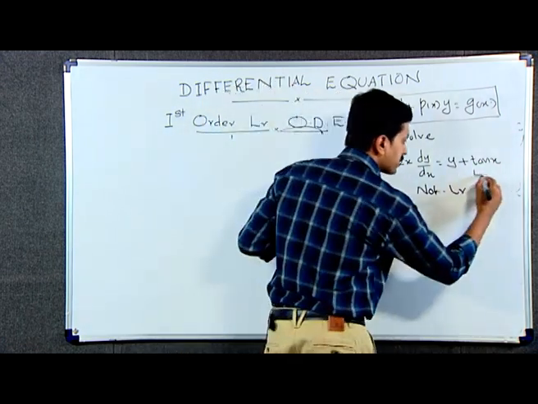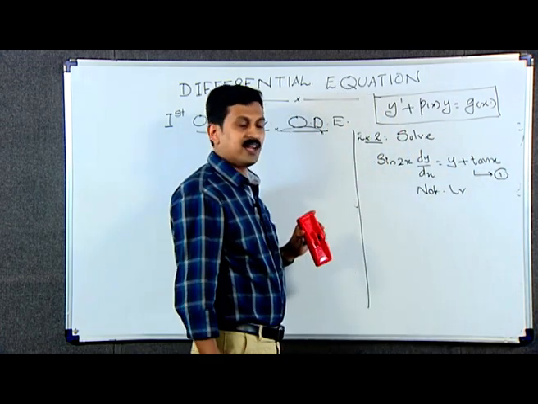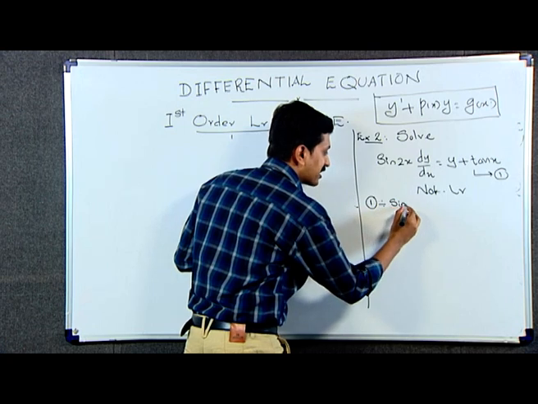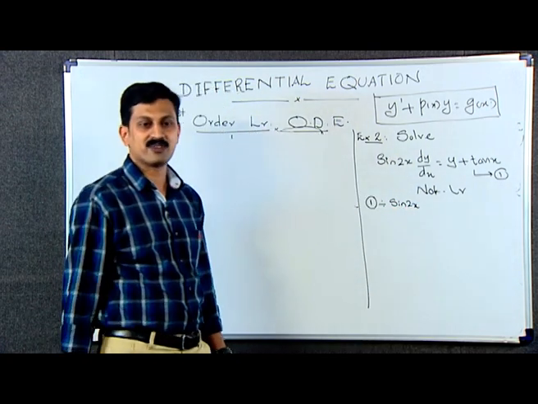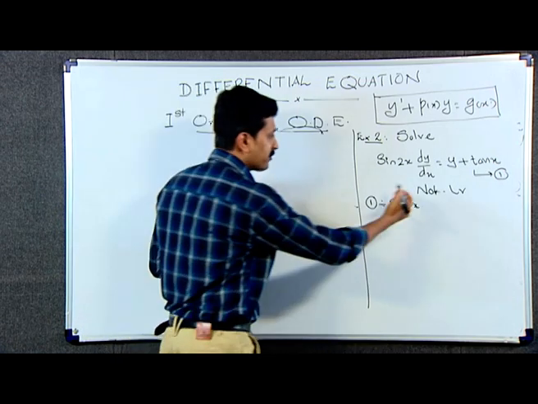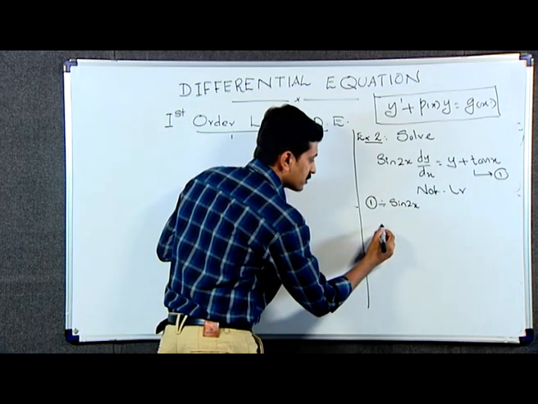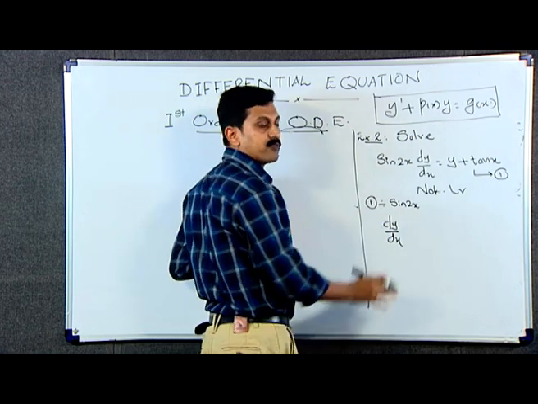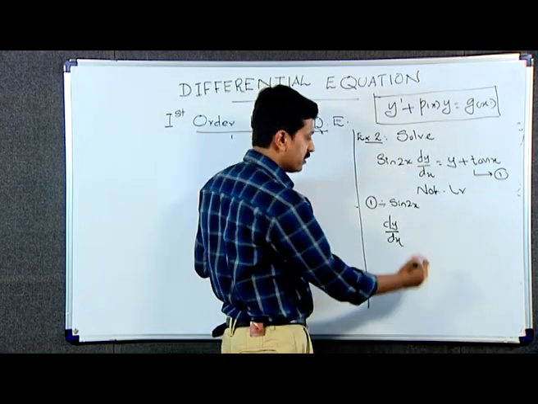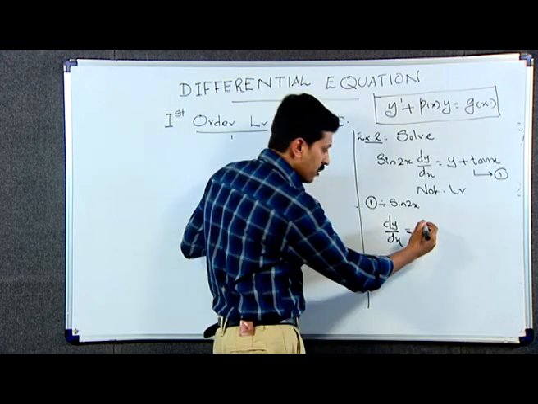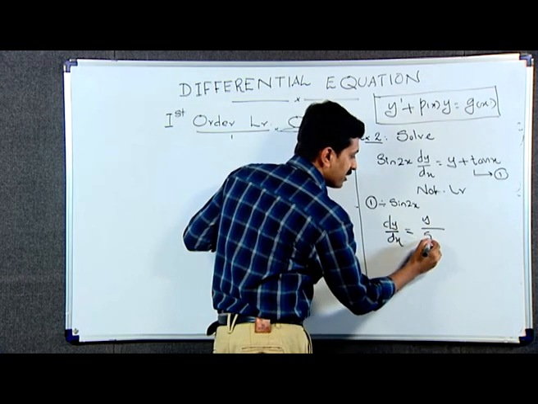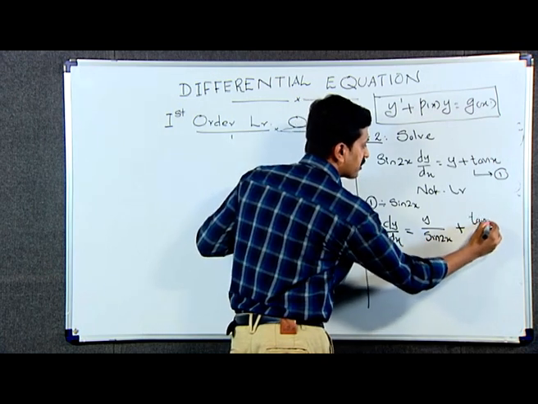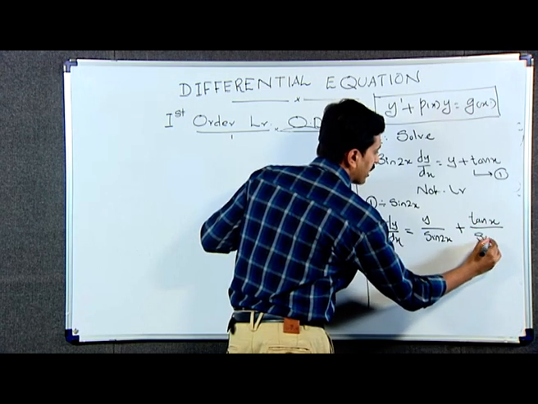For that I am putting this as equation number 1, and we are dividing 1 by sin 2x. What will happen is that sin 2x divided by sin 2x will be 1, therefore dy by dx is equal to y divided by sin 2x plus tan x divided by sin 2x.